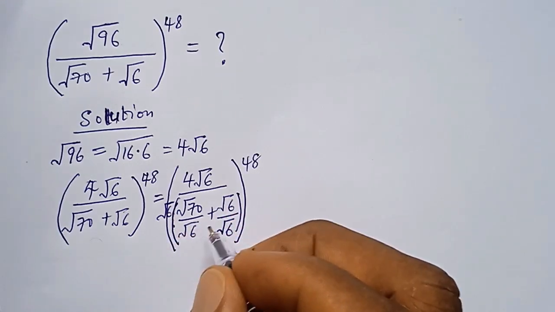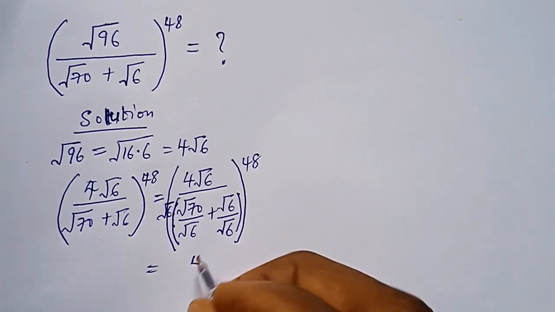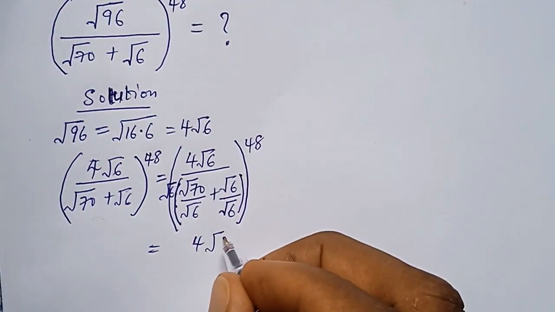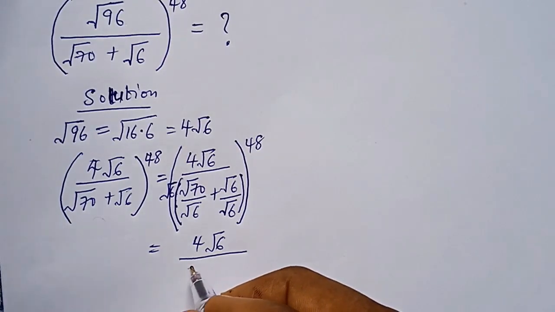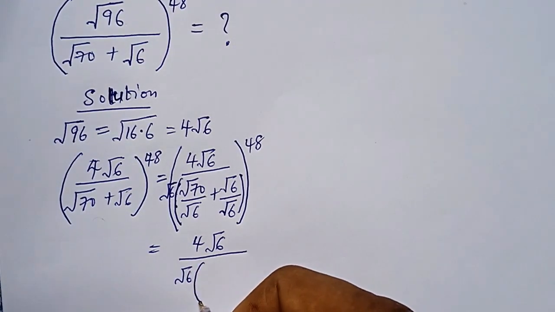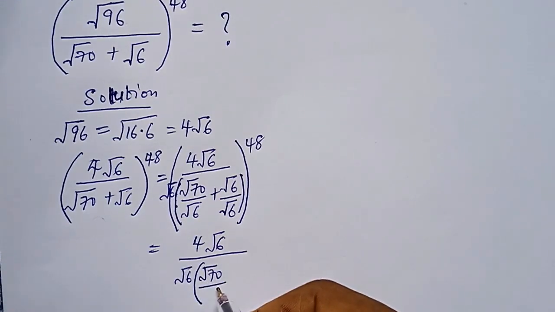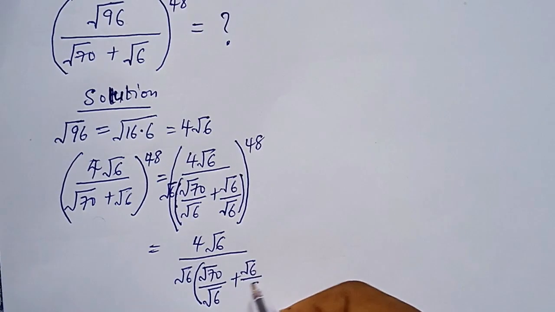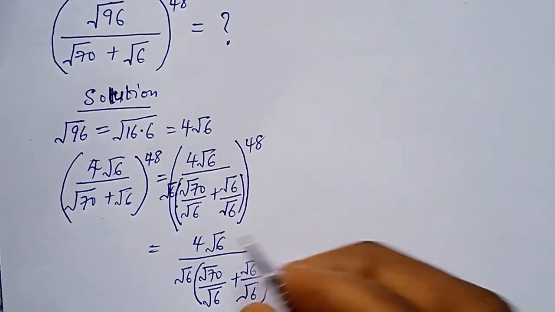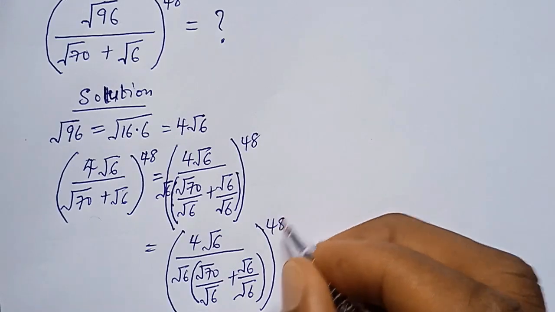So from here the expression now becomes 4 square root of 6 over square root of 6 into bracket square root of 70 over square root of 6 plus square root of 6 over square root of 6, all in bracket to power 48.